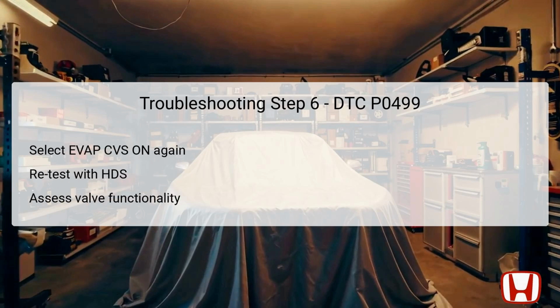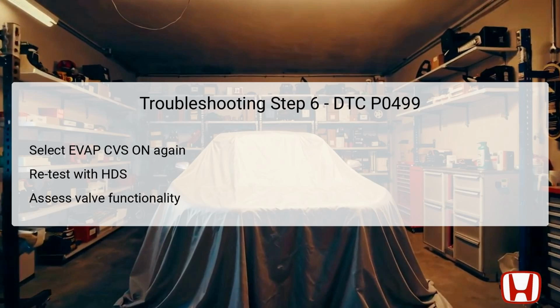For the sixth troubleshooting step, once more select EVAP CVS on in the inspection menu with the HDS after updating or substituting the ECM/PCM. This action will facilitate another series of tests specifically relating to the vent shut valve's operation. Conducting this test is essential for determining if the previous adjustments made to the ECM or PCM have rectified the issue.